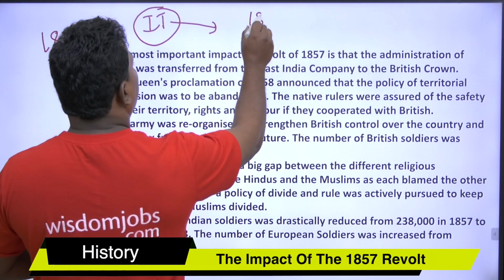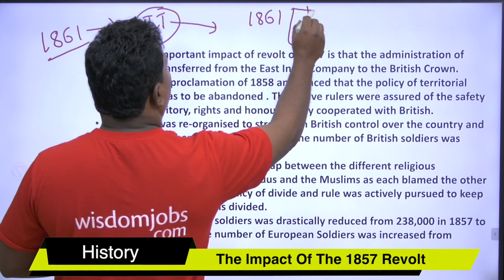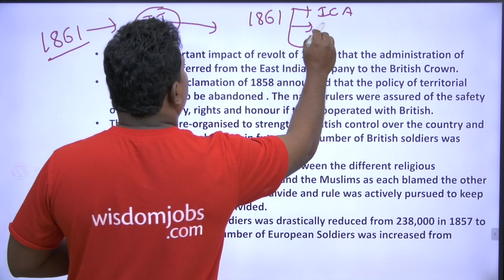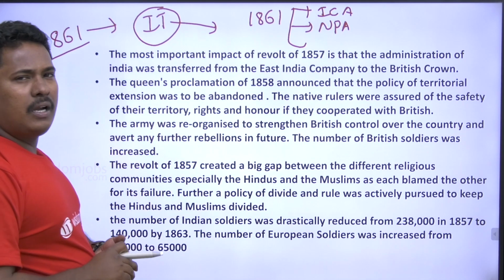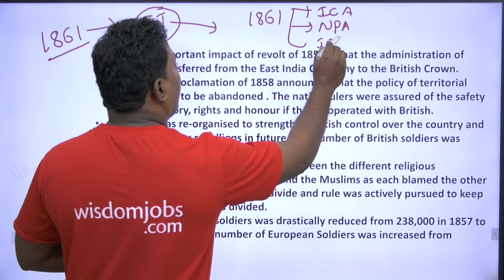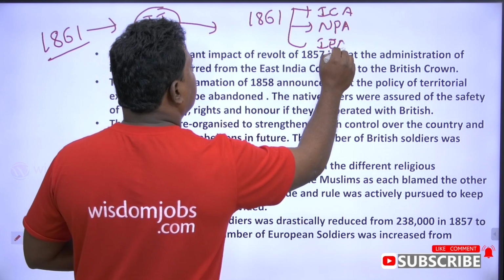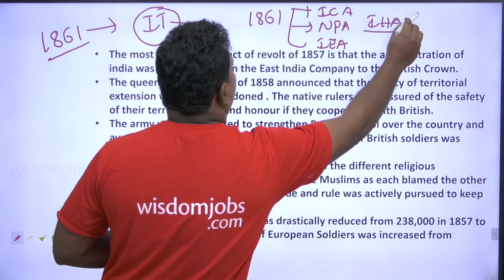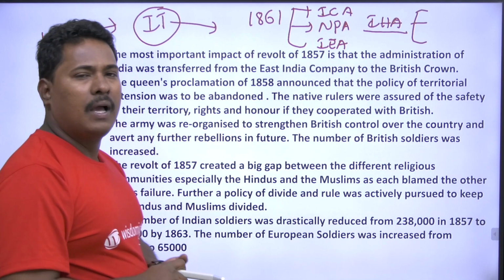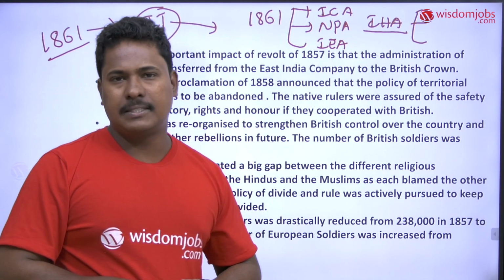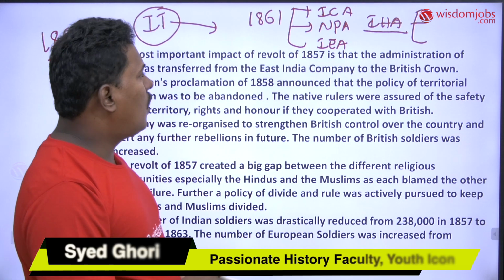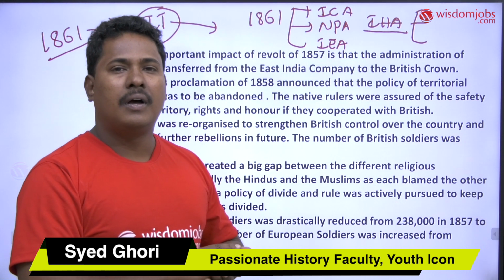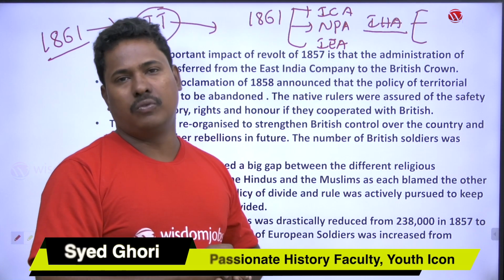The same year, the British came up with a few acts like the Indian Council Act 1861, the Police Act 1861, the Indian Executive Act, and the Indian High Courts Act. Based on the Indian High Courts Act, three high courts were formed, at Calcutta, Bombay and Madras. So these are all the important administrative changes after the 1857 revolt.